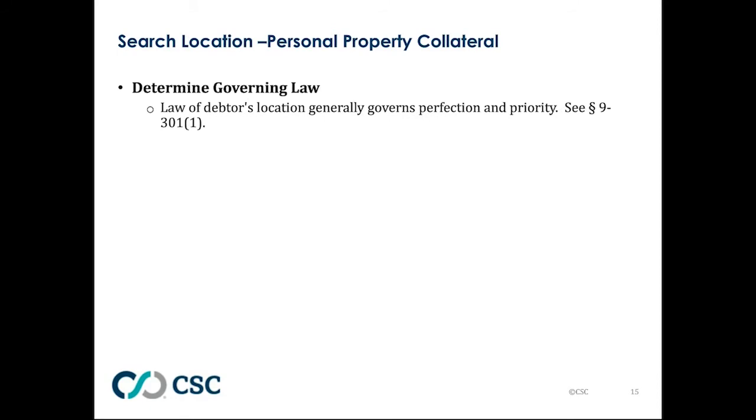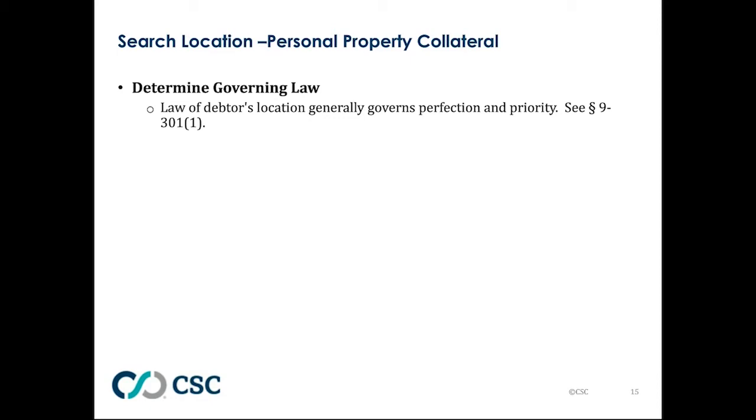If the collateral consists of personal property of the type frequently covered in the most common types of collateral under Article 9, things like accounts and inventory and equipment and goods and all that, the first step is to determine the governing law, and that's going to be the law of the debtor's location that's going to cover perfection and priority.